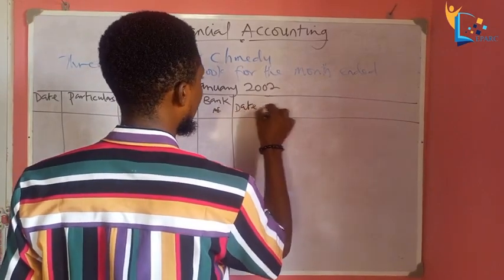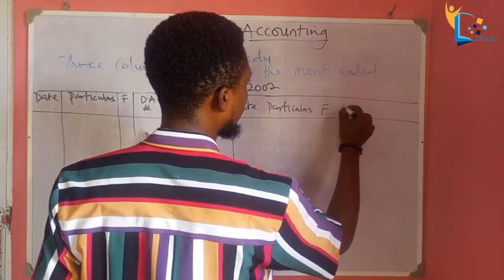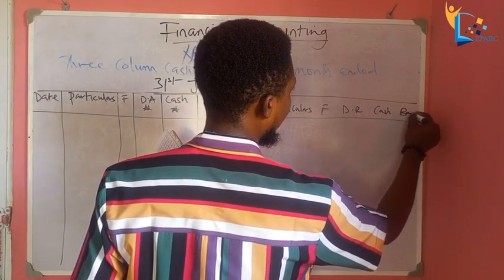Then on the other side: dates, particulars, folio, discounts received, cash, and bank.